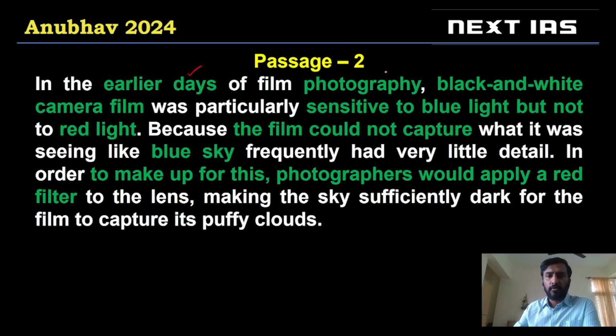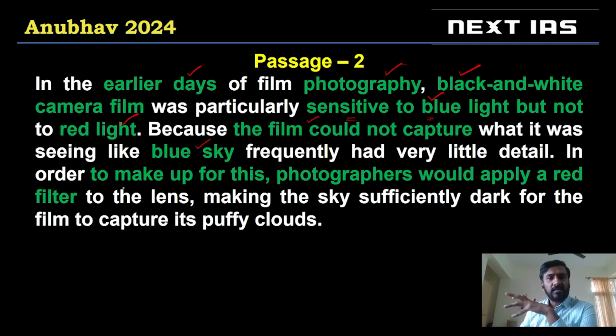In the beginning of photography, black and white camera film was sensitive to blue light, but not to red light. Okay, so something specific about black and white camera film of the old days, the author is telling us some fact about it. All right, so the film could not capture blue sky because it's very sensitive to blue light. It could not capture the blue sky.